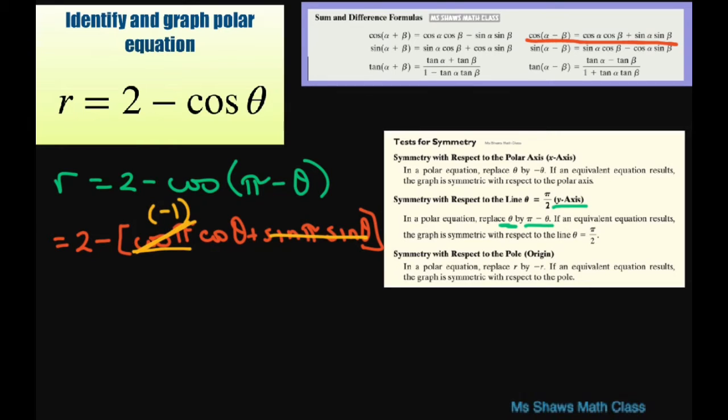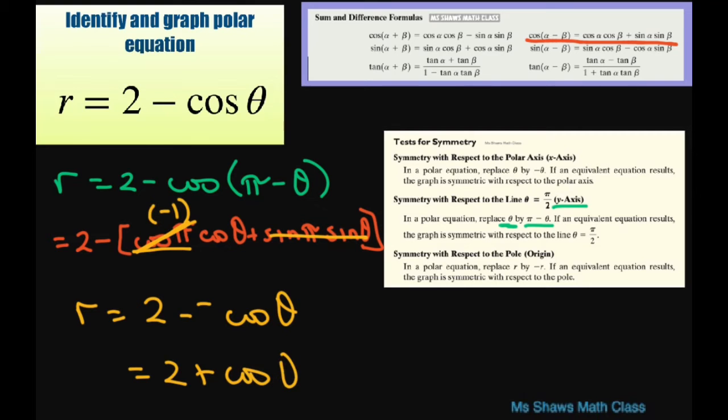So this is going to give you r equals 2 minus a negative cosine of theta, which equals 2 plus cosine of theta. These are not equal, because it doesn't equal 2 minus cosine of theta. So condition 2 fails. It's not symmetric to the line theta equals pi over 2, our y-axis.